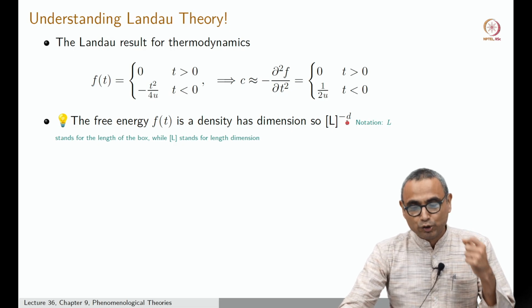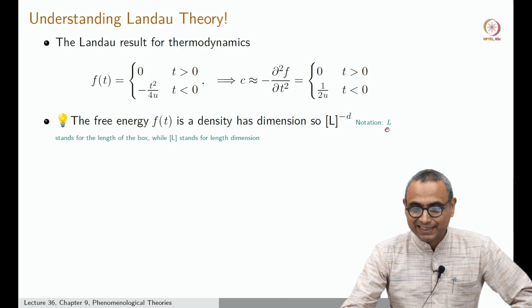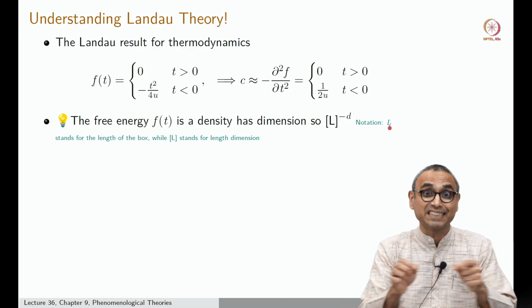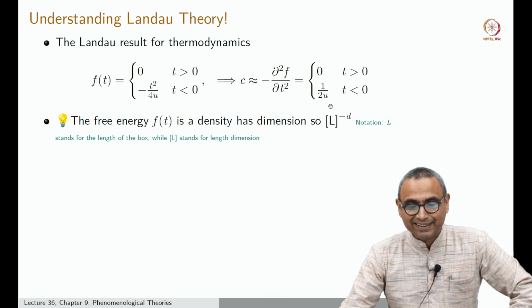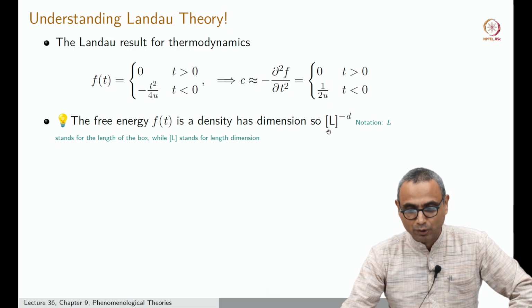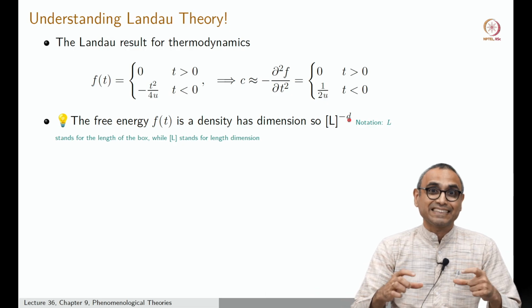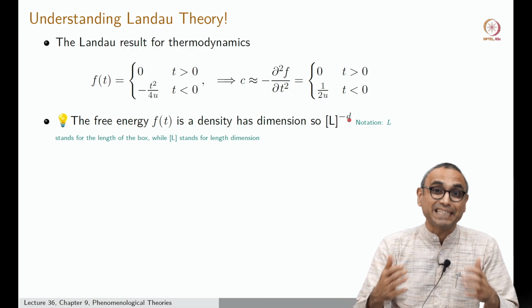A warning on notation: when it is some kind of italicized L, that is the system size, the edge of a cube or something. When I am writing things which are not italicized, in the same font as the background text, like L to the minus d, that L stands for the length dimension, right?